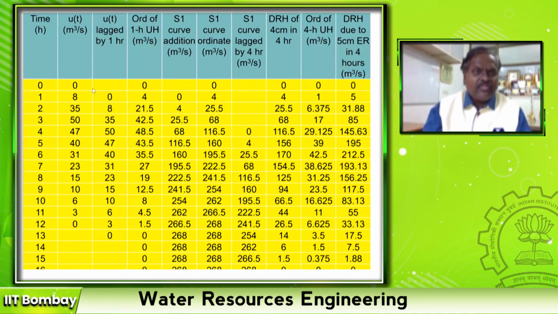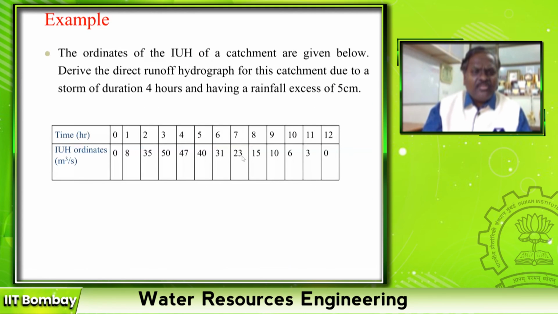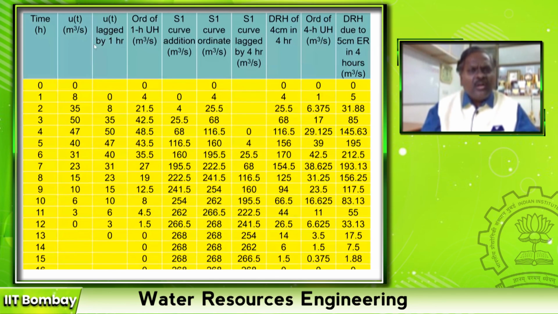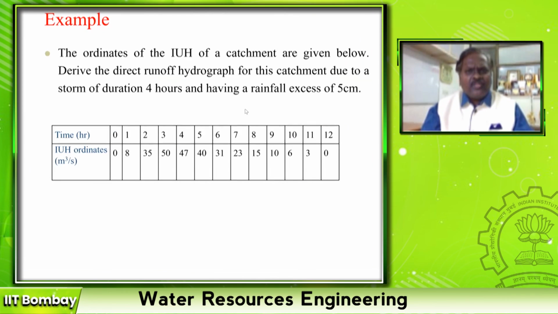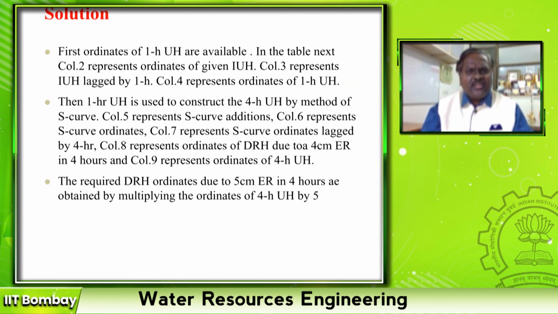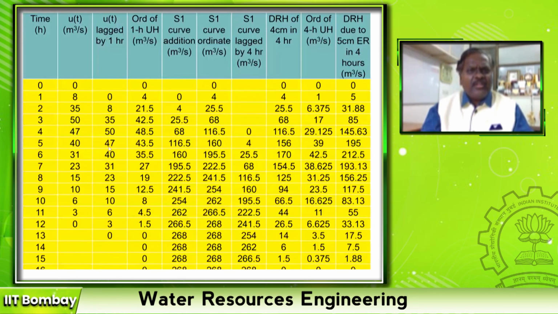This is the time and this is the ordinates of instantaneous unit hydrograph. Now there is a duration of 4 hours and a rainfall excess of 5 centimeter. Now this is lagged by 1 hour. Then this will give you the ordinates of 1 hour unit hydrograph.